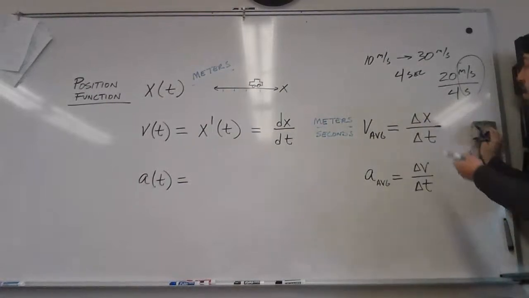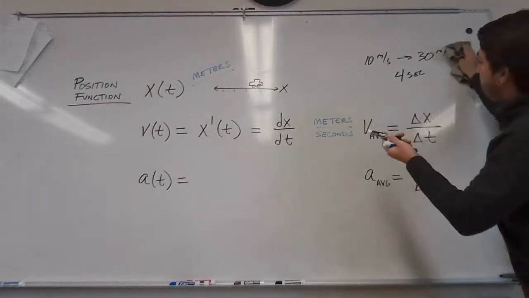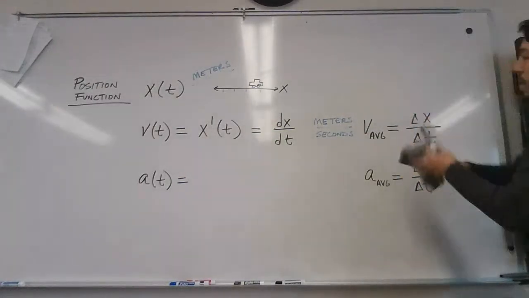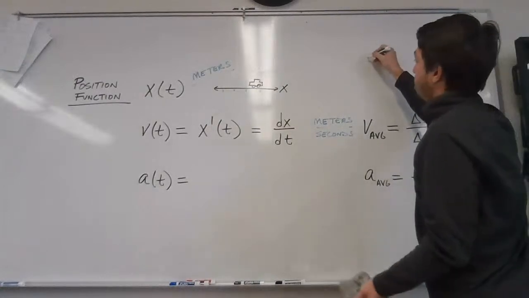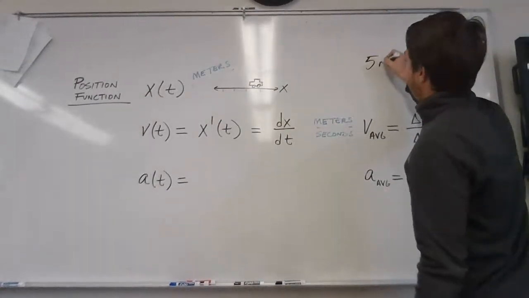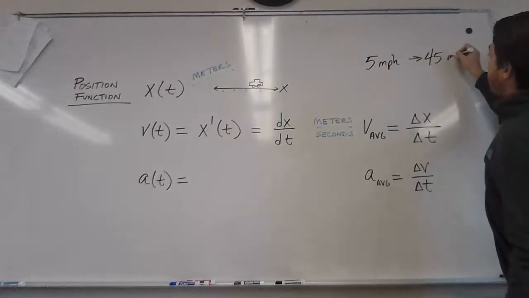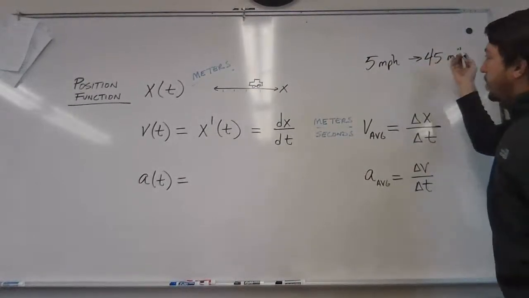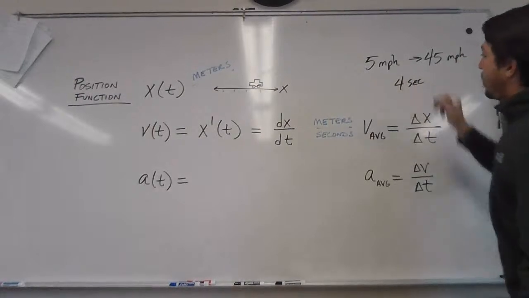Okay, now where you have to be careful, and this is my last comment before we get back to the derivatives: what if I sped up from, say, 5 miles per hour to 45 miles per hour over 4 seconds?